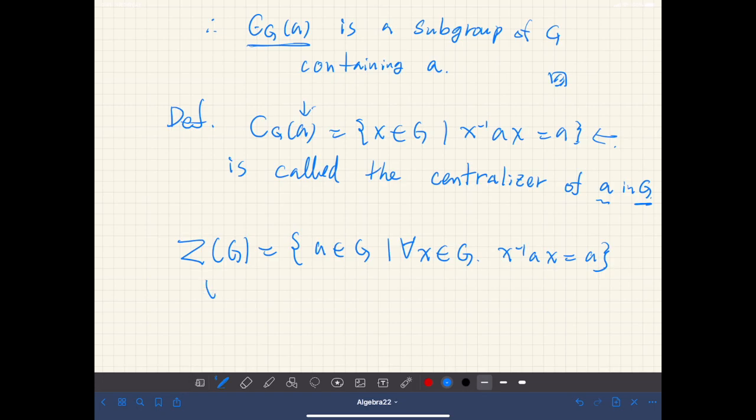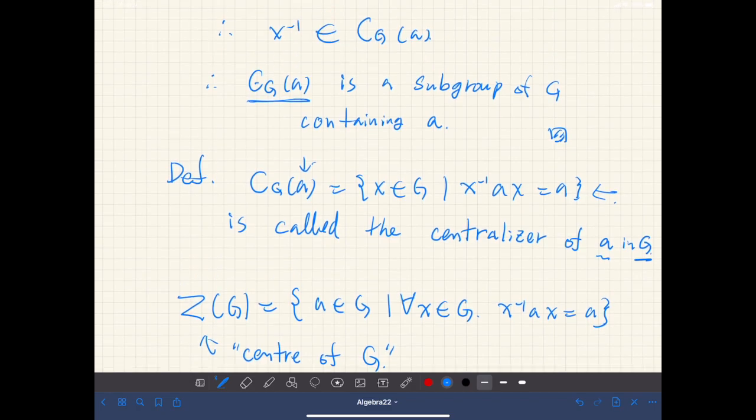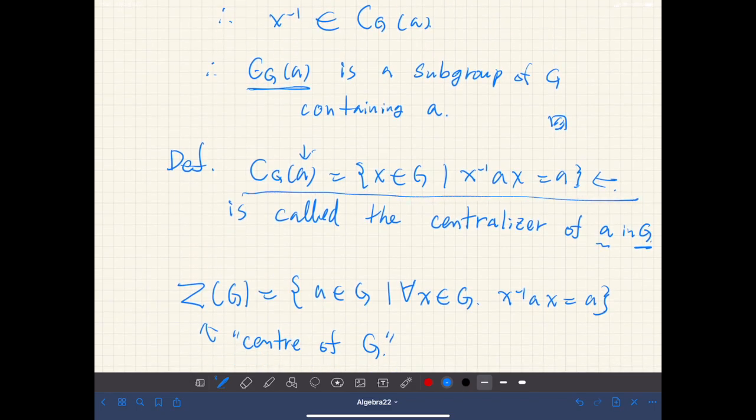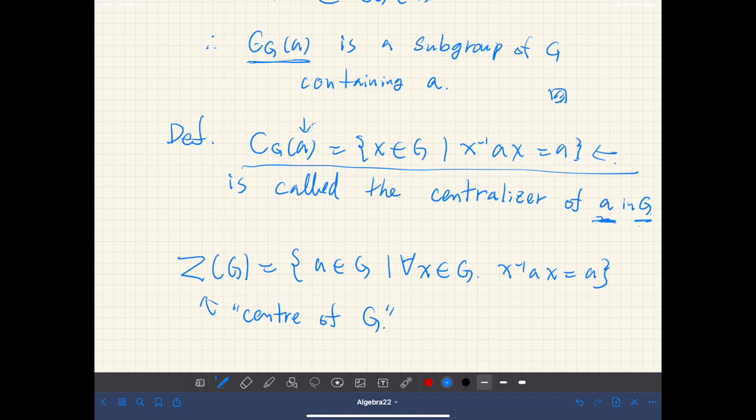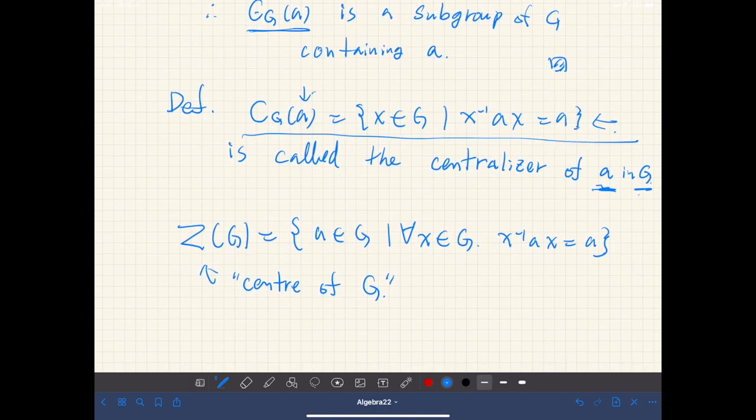This is called the center of G. And on the other hand, this is the centralizer of A in G. So here we have one special element A given. This is given.